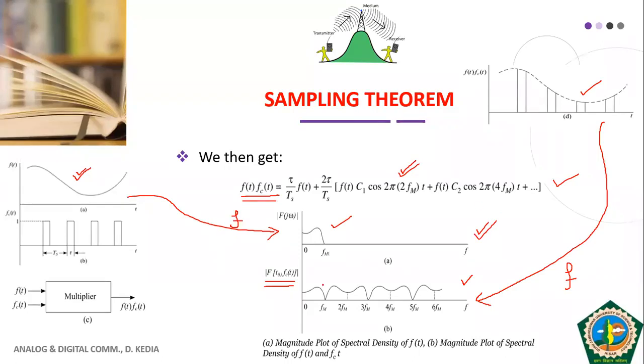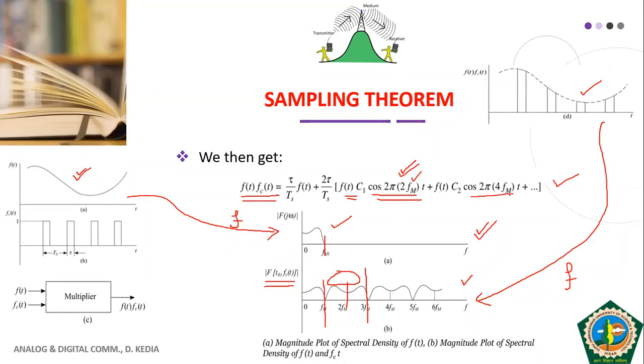So you can see here that this is exactly the same as my original signal. This portion corresponds to this part where my modulating signal f(t) is multiplied with cosine of 2fm, meaning 2fm is the central frequency and your modulating signal is centered around that.